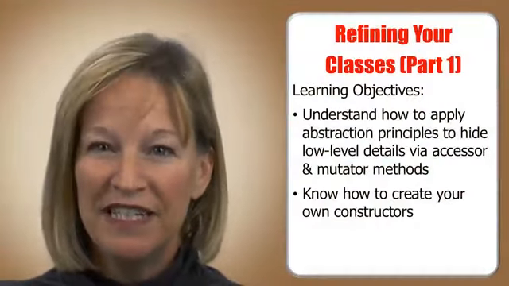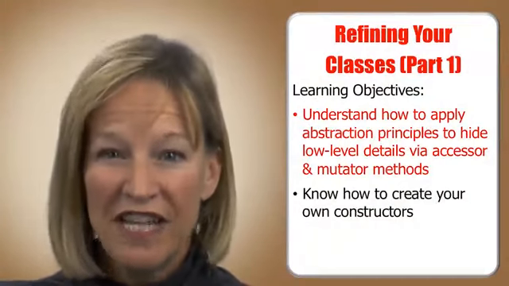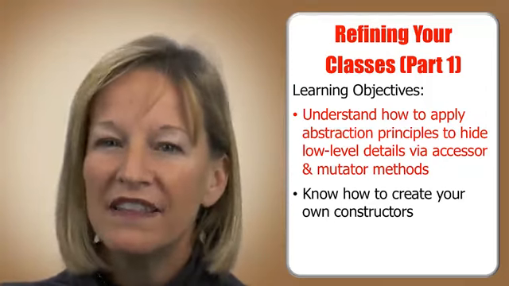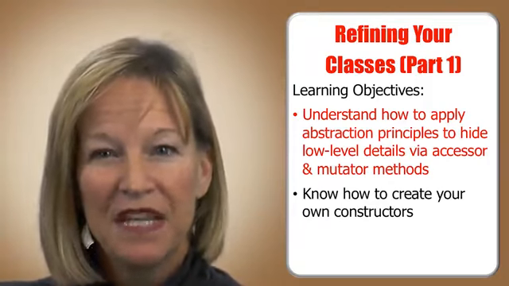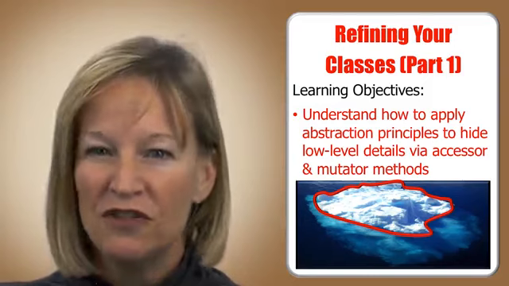Now that you've completed this lesson, you should have a good understanding of not only how to create mutator and accessor methods, but why they are fundamental to the good design of classes in Java. We remove the details of the object from the view of the object user.